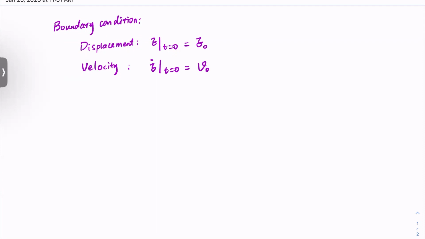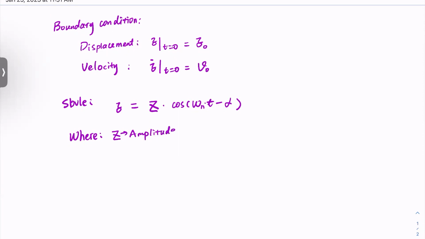With those two boundary conditions, we can solve for your real function, which is capital Z times cosine of omega n t minus alpha.